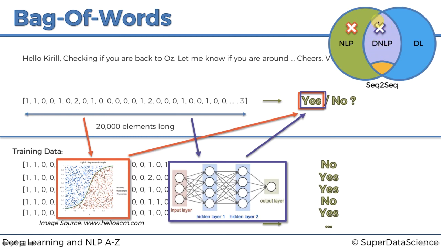Because we're using a neural network. And that is the difference. In one case it's an NLP bag of words, in another case it's a deep NLP bag of words. But in both cases, it is still a bag of words, and it has its own limitations and issues.